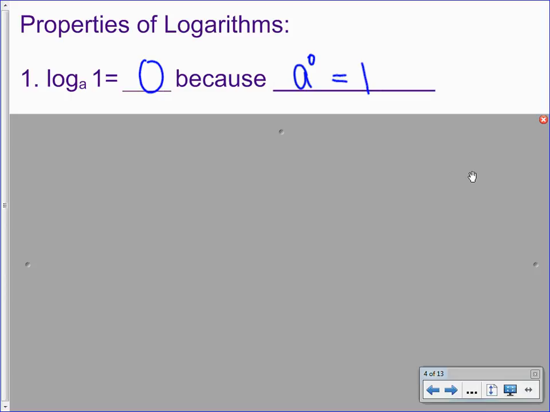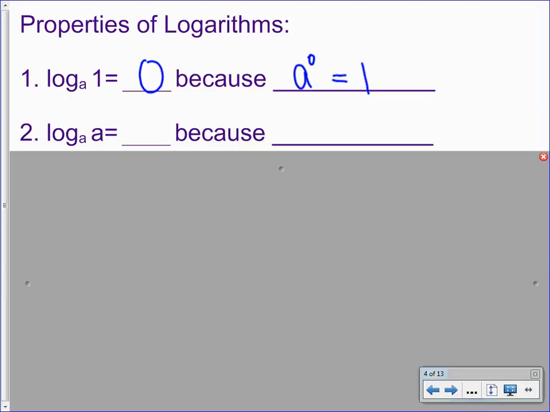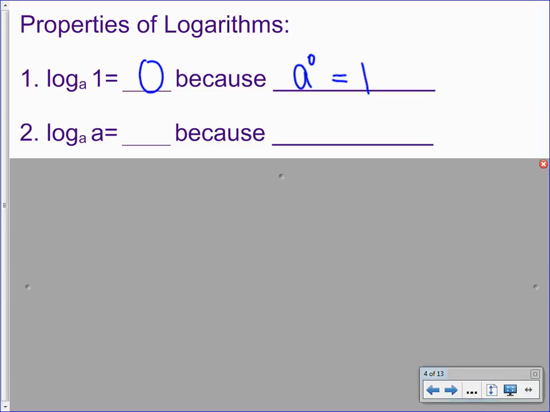So rewriting this, a to the 0 power is 1. So if you have log of any base with a 1 inside, we know that's going to be 0, because base to the 0 is 1. How about log base a of a? 1. Because a to the 1 is a.